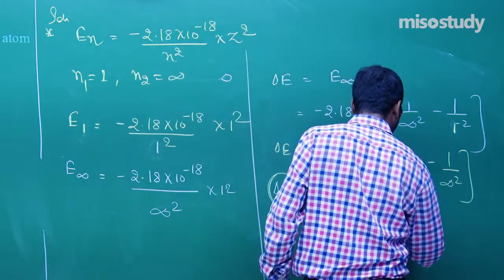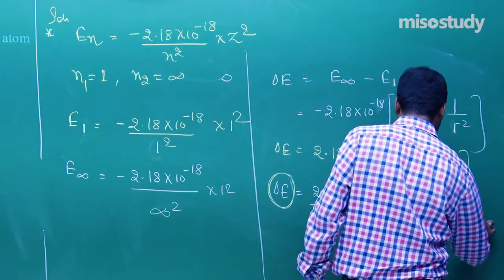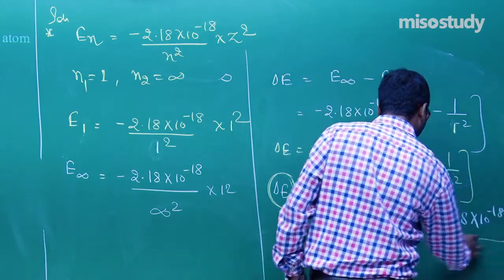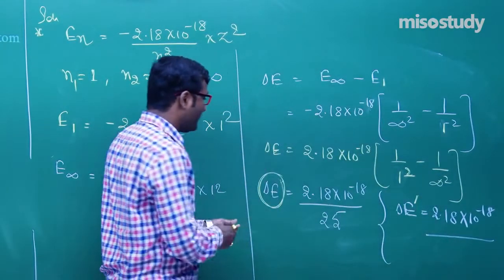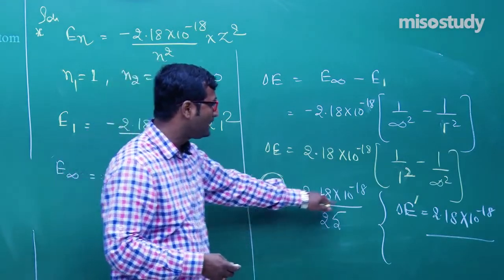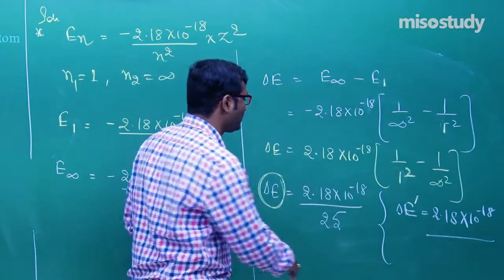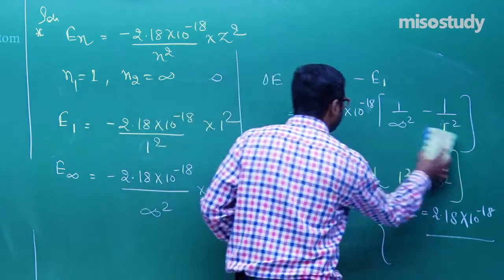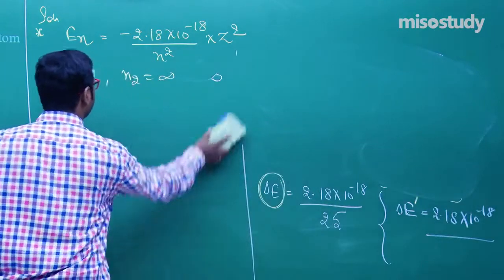So the next ionization energy is equal to 2.18 into 10 to the power minus 18. Let us assume this is delta E dash. Now the first one is 2.18 into 10 to the power minus 18 and the second one is 2.18 into 10 to the power minus 18. Now how to compare this is very simple.